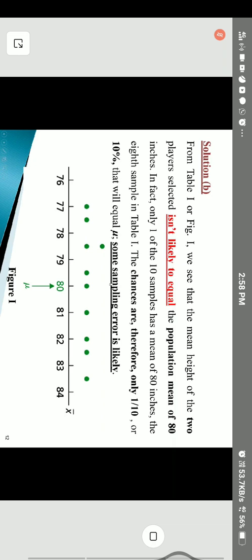So some sampling error is still likely. To give some stress here, you need to accept that when you do sampling there will be a sampling error. Sampling error you can accept.